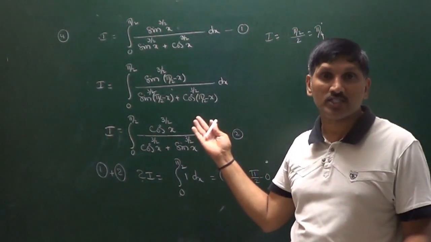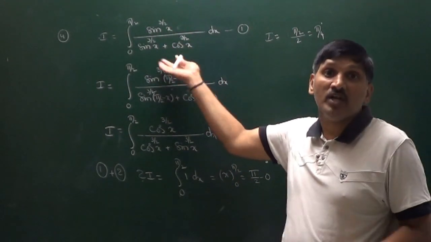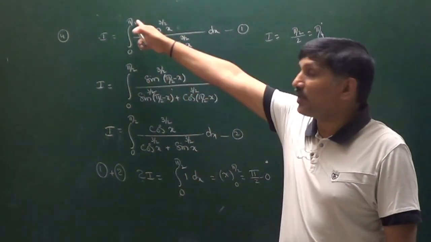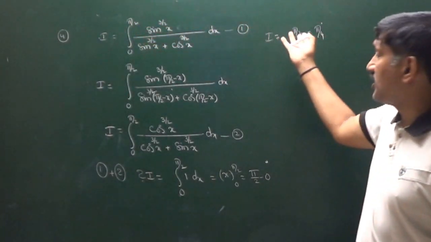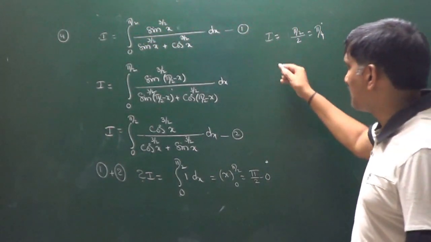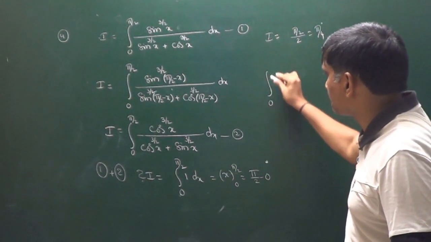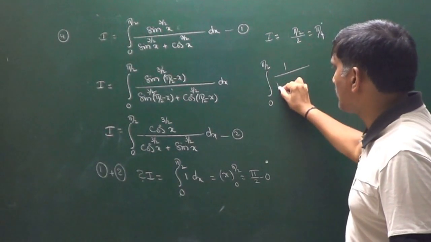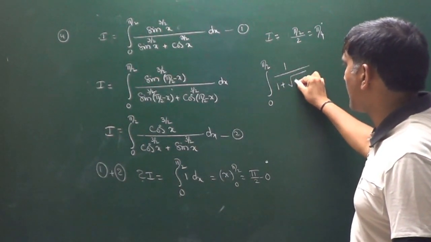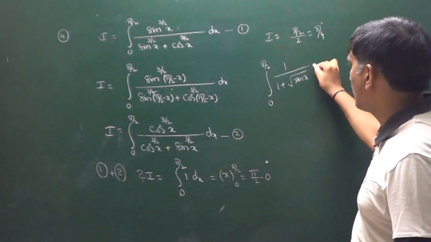Directly we can write the answer. Whenever the problem appears in this form, we can directly write the answer as upper limit divided by 2. Let us have another example: integral 0 to pi by 2 of 1 by (1 plus root of tan x) dx.